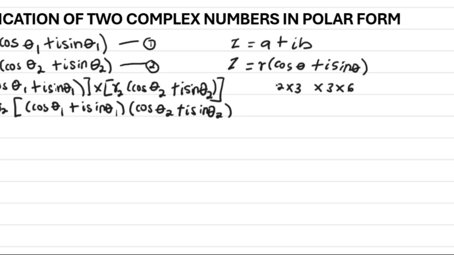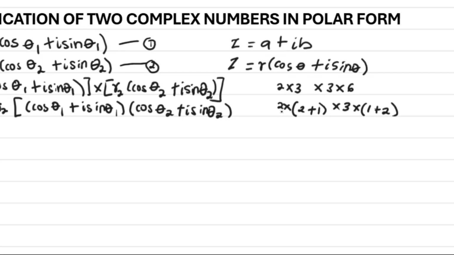Here I'm signifying R1 as 2 and our R2 as 3. Or let me make it more similar. Let me say 2 times (2 plus 1) times 3 times (1 plus 2). So I want to make it very similar.